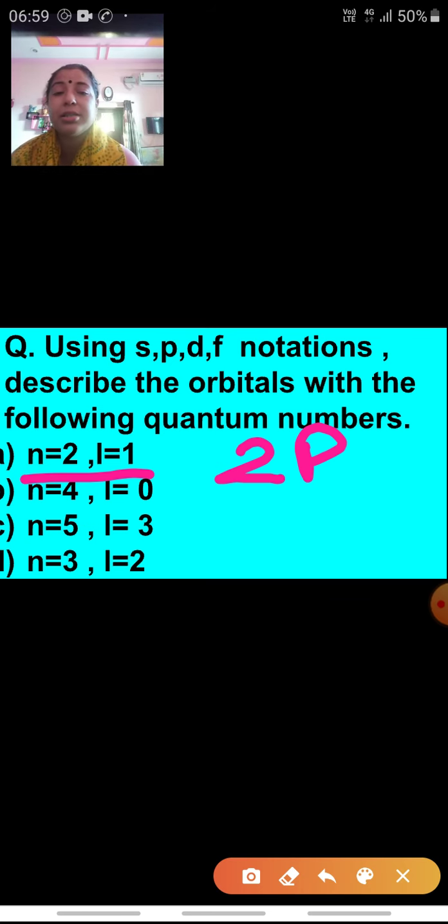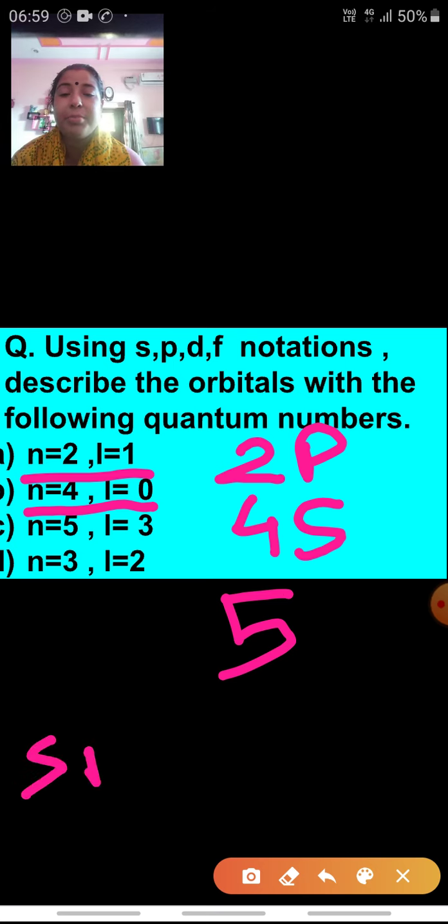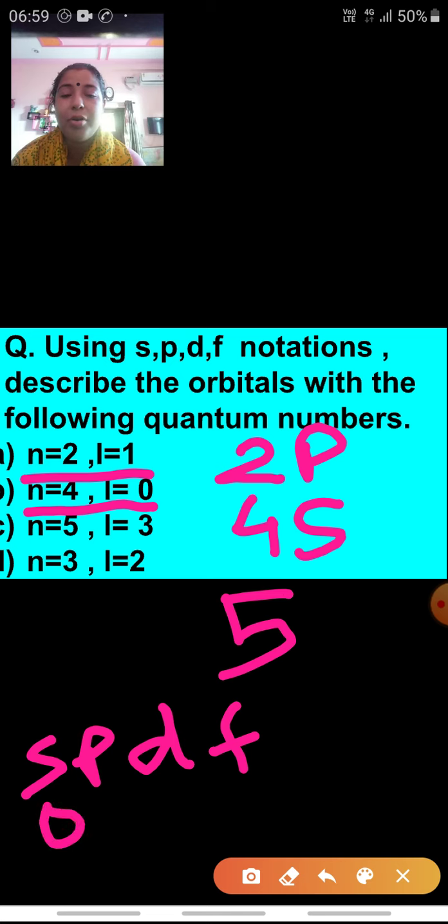Now the next is where the value of n is 4 and the value of L is 0. 0 corresponds to s orbital. So it will be 4s. Similarly for the next, s, p, d and f are 0, 1, 2, 3.